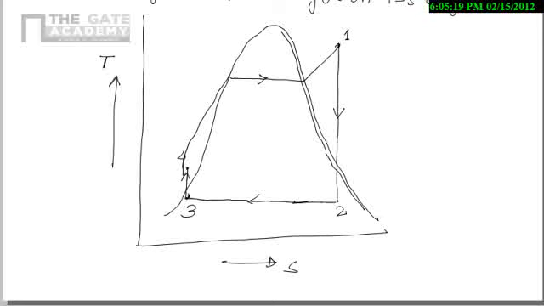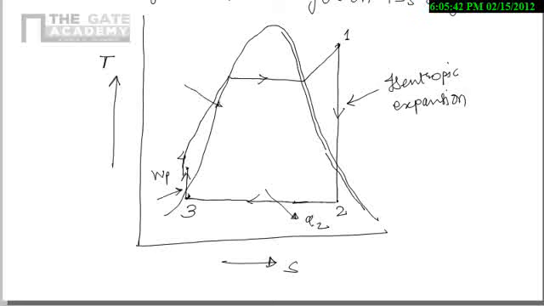So 1 to 2, it's nothing but isentropic expansion. 2 to 3, it's nothing but heat rejection, that is Q2. 3 to 4, it's isentropic compression or pump work. And for 4 to 1, there is a heat addition Q1. So this one is a representation of an ideal Rankine cycle.